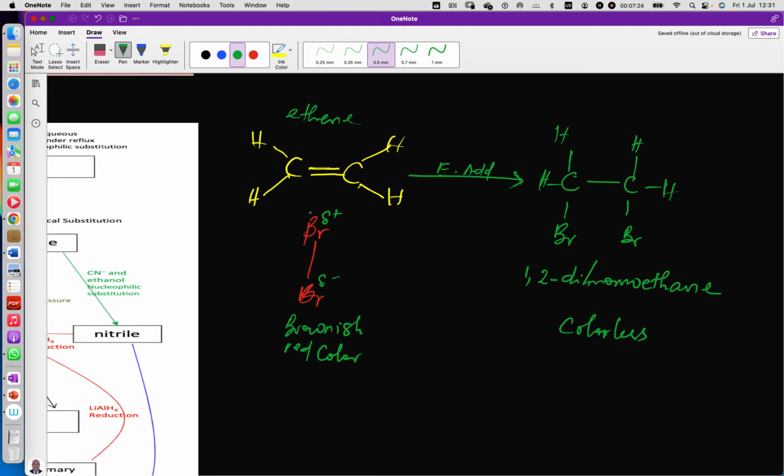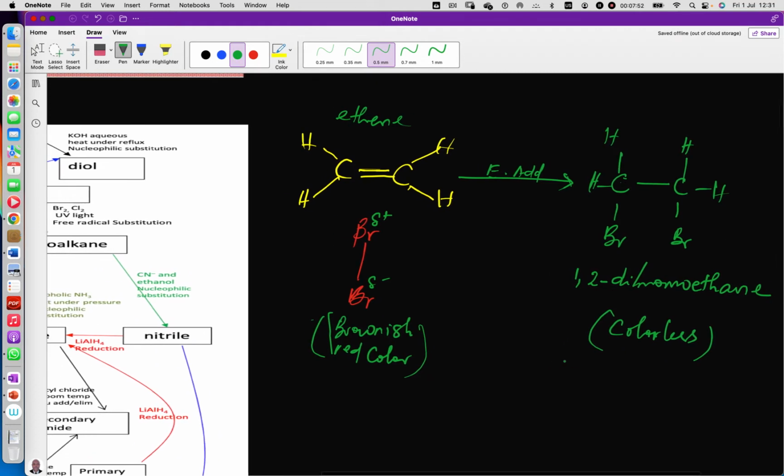Alkene will decolorize bromine water. So the bromine water, which is a brownish red color, will be decolorized by the alkene, because of the breaking of the double bond due to the formation of 1,2-dibromoethane. This is colorless. That is an observation in the lab.